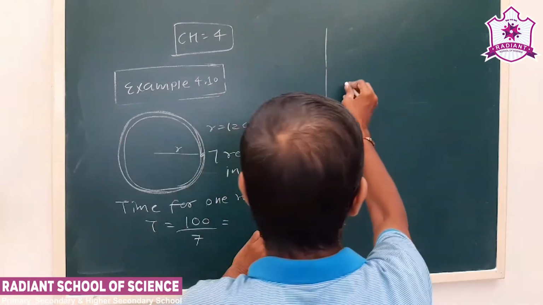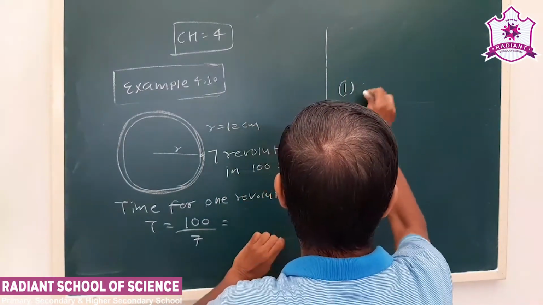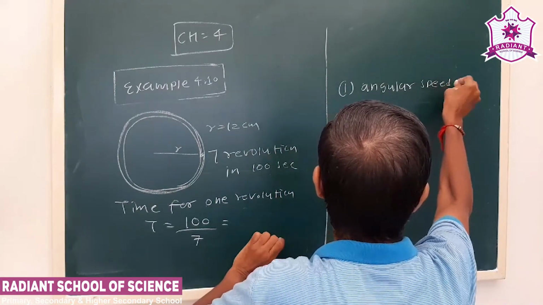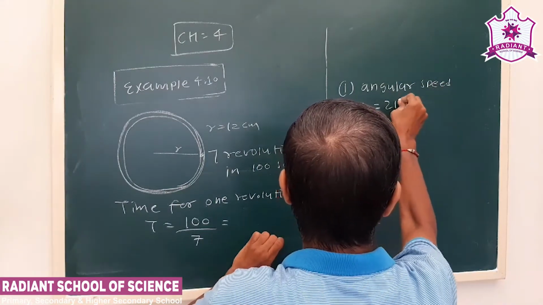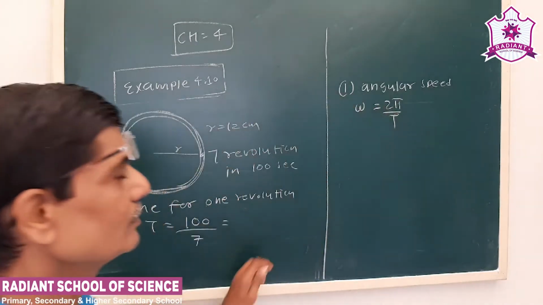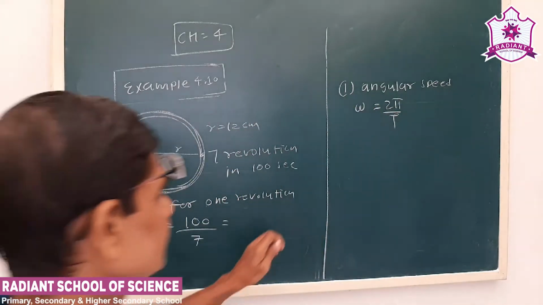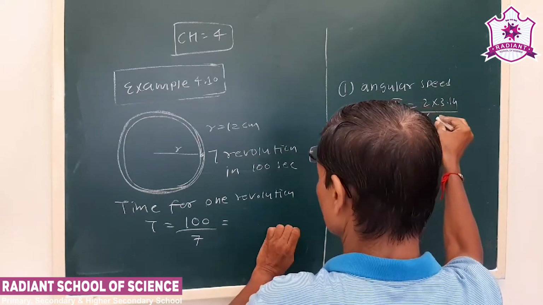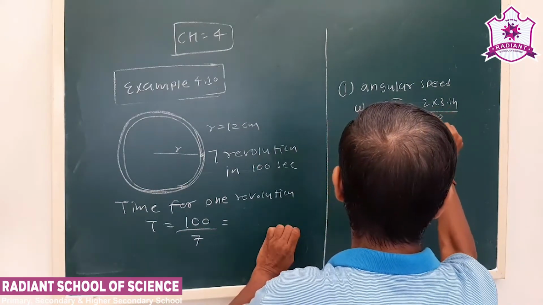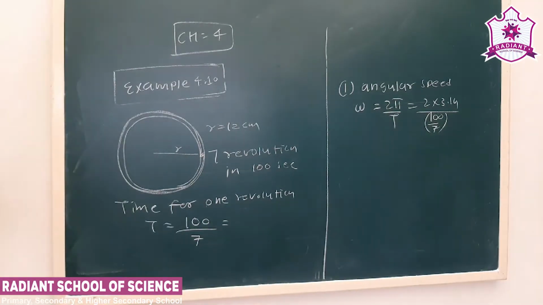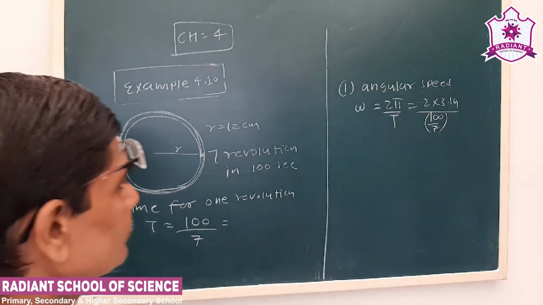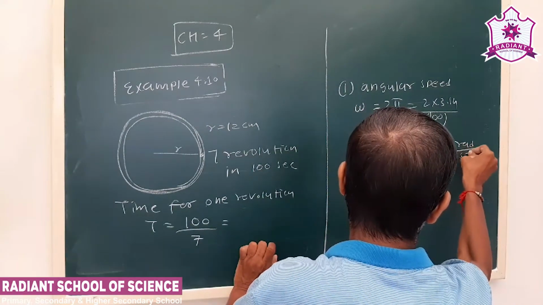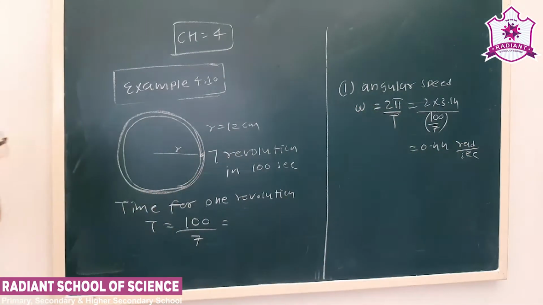Okay, so the angular speed formula we know, omega, a Greek symbol, is 2 pi upon T. Okay, so we can calculate 0.44. See, the unit part, remember, angular speed is in radian per second.